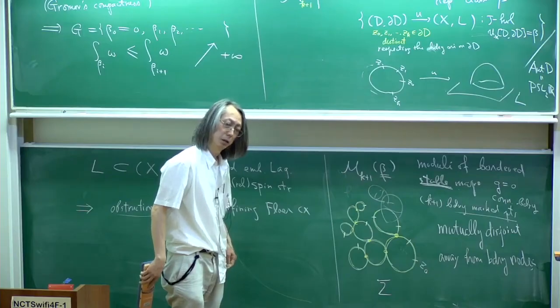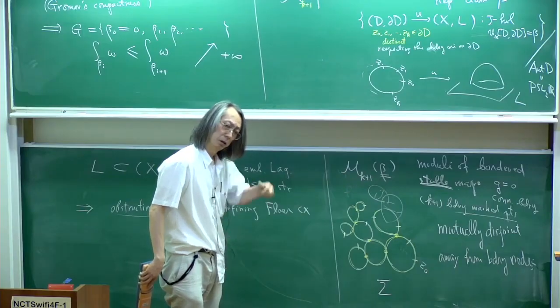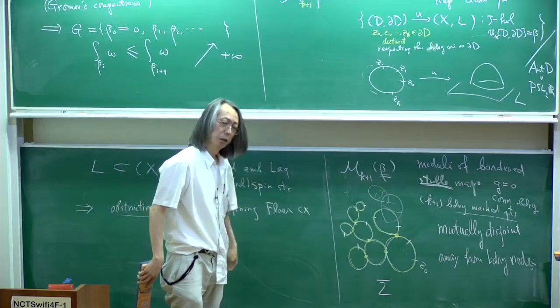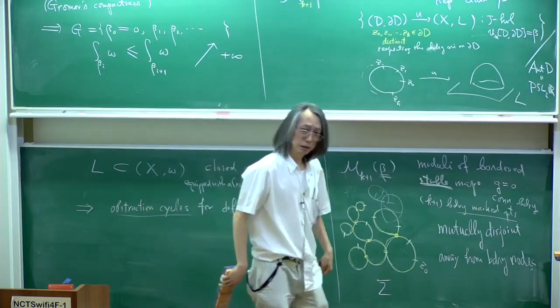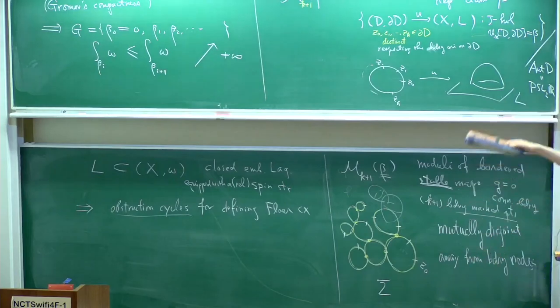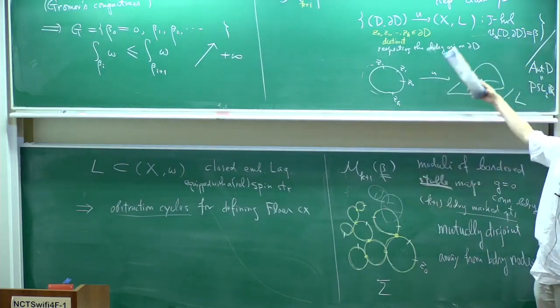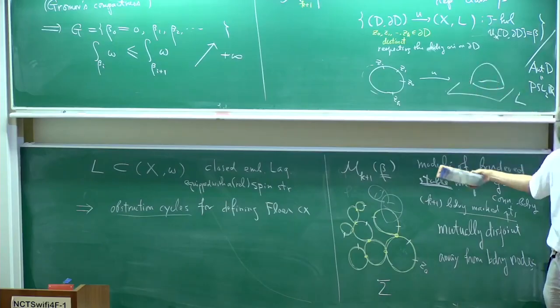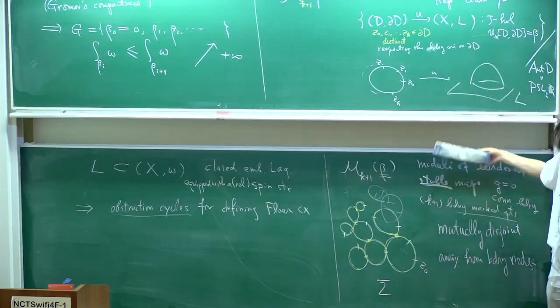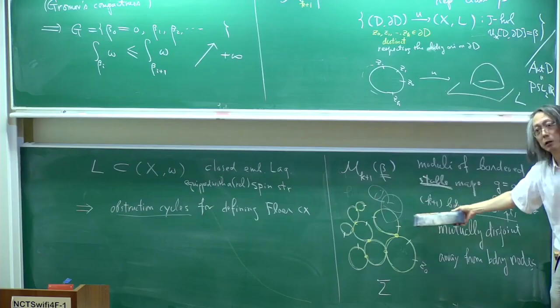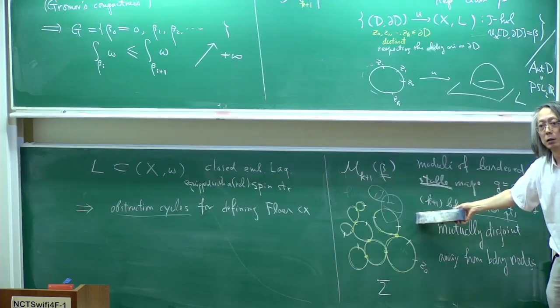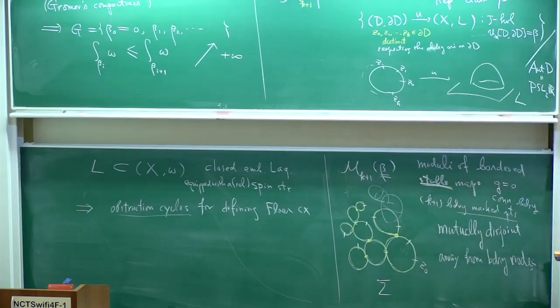So is it really the open part? No, not necessarily. If you have this, you may think of it as a kind of open part, but not necessarily. This one is certainly contained here. But this condition is not really this condition.